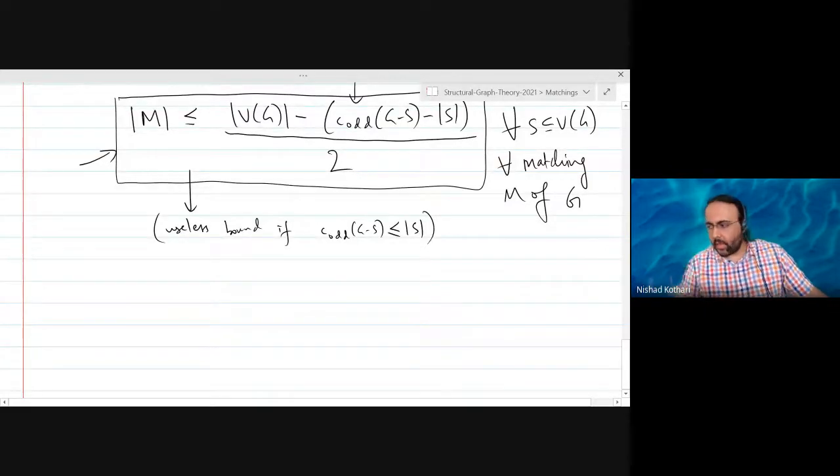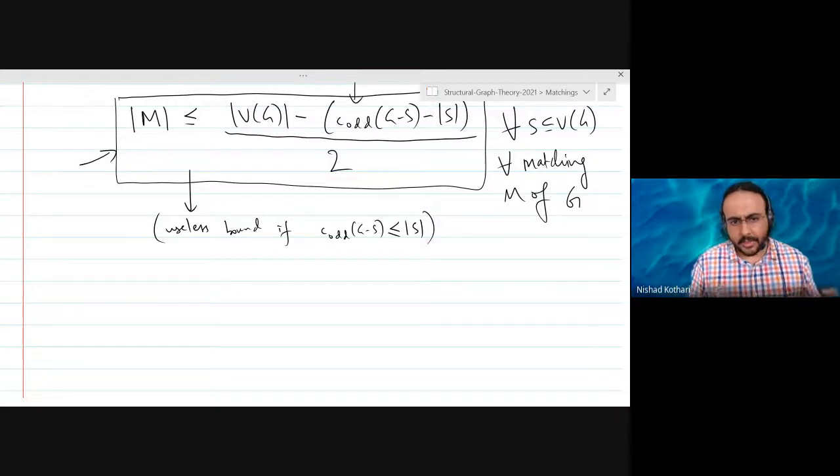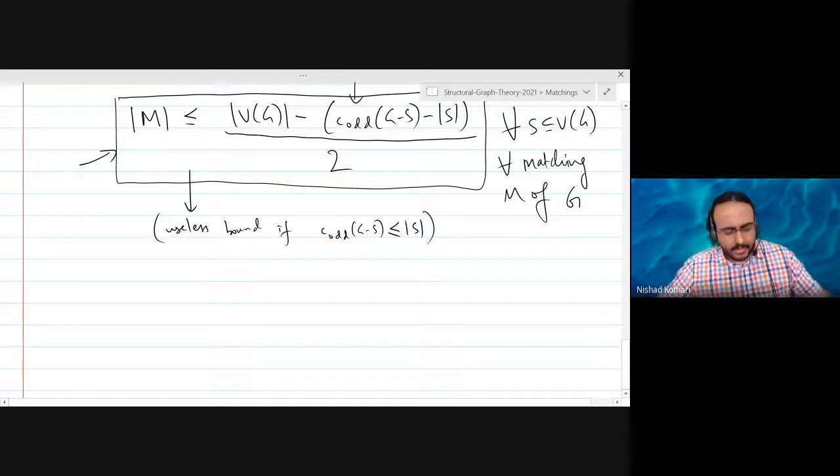Right? However, you could have sets in your graph which actually give you a more useful bound, right? And it would be great if there was always a set for which equality holds, because then it would be a way to certify that a certain matching is a maximum matching.